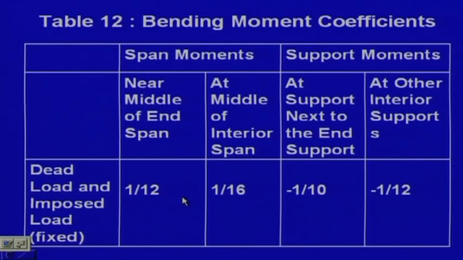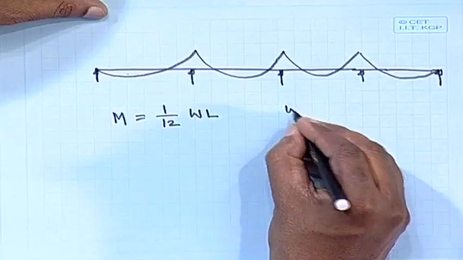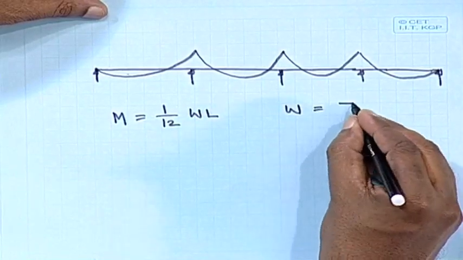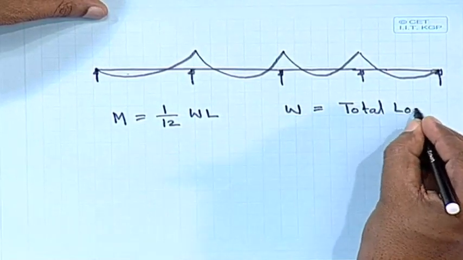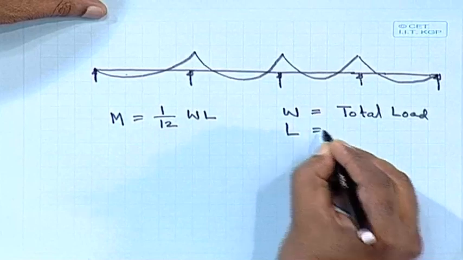It means the moment equals 1/12 times W, where W is the total load on the span you are considering, and L is the effective span.